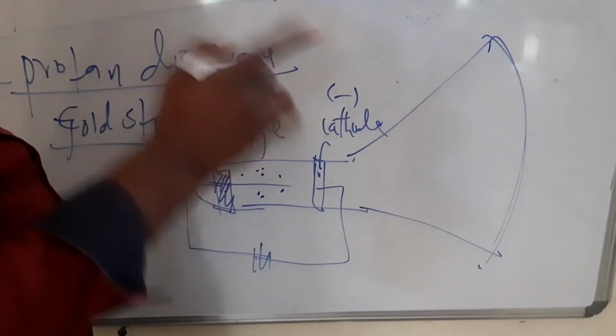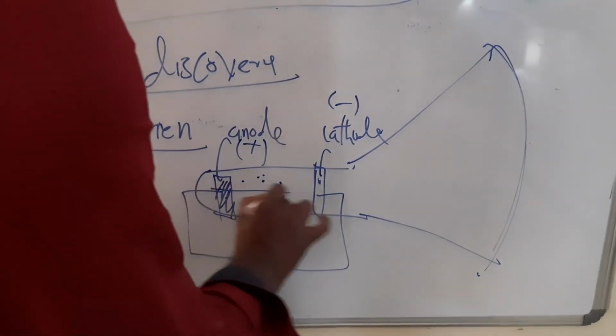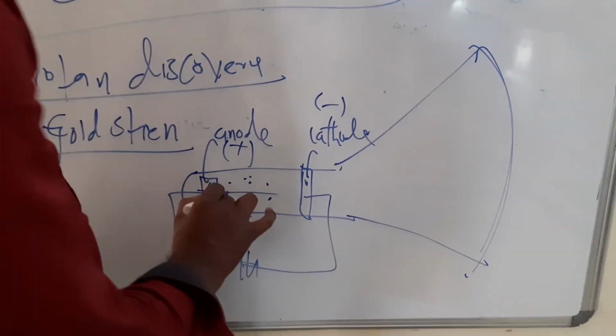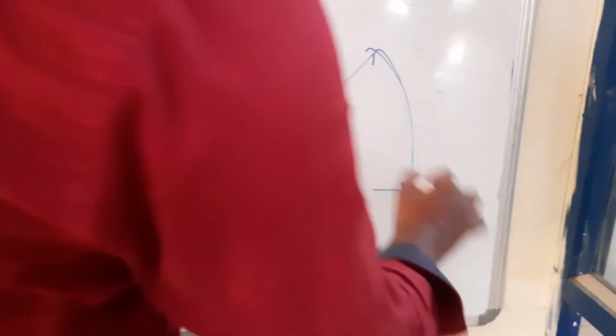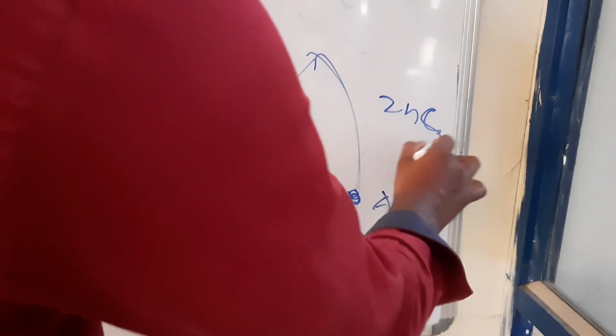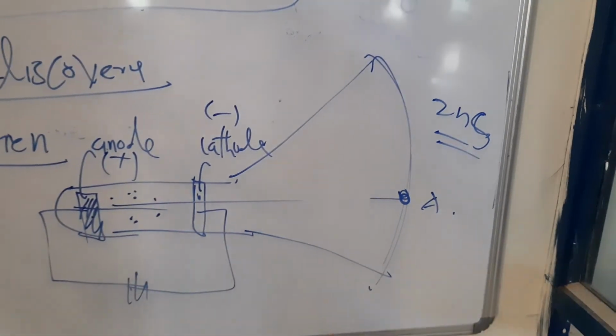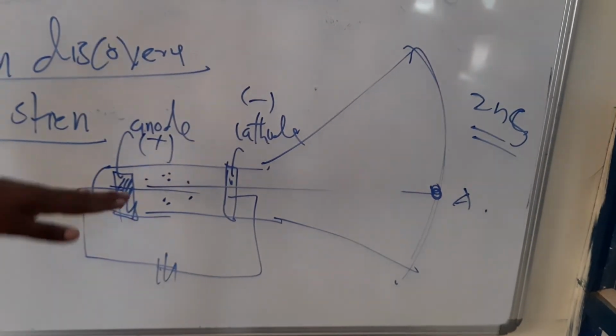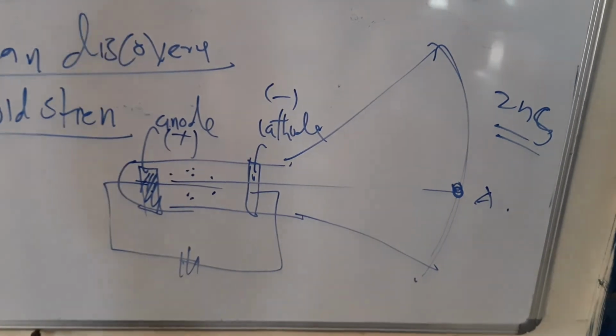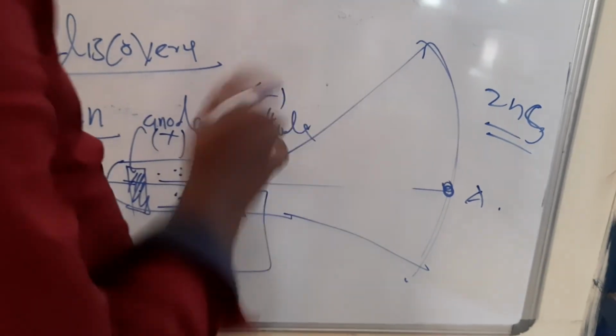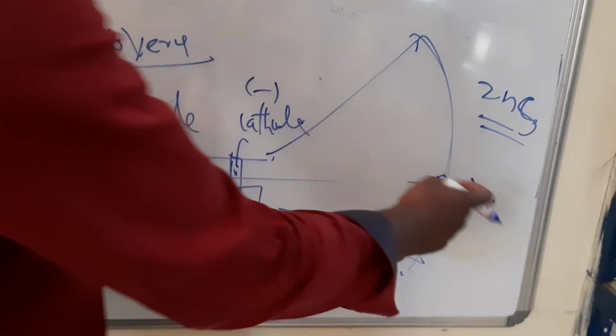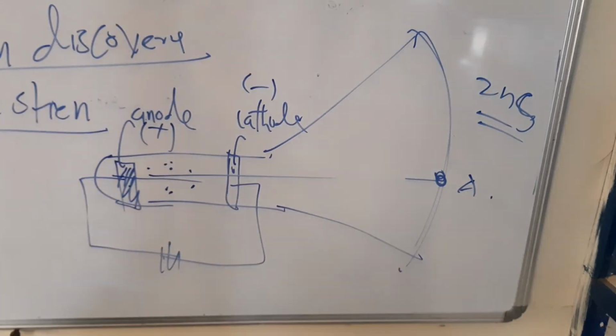That means they are positively charged particles. They touch point A on the fluorescent material, again zinc sulfide, which shows the behavior of anodic rays. In the absence of electric and magnetic fields, they touch point A without any deflection.